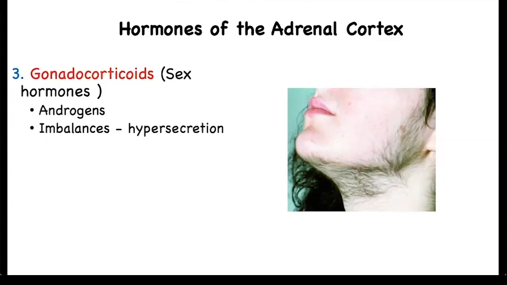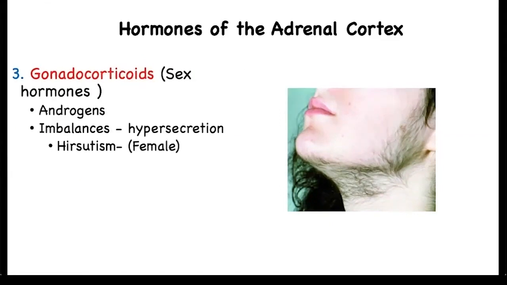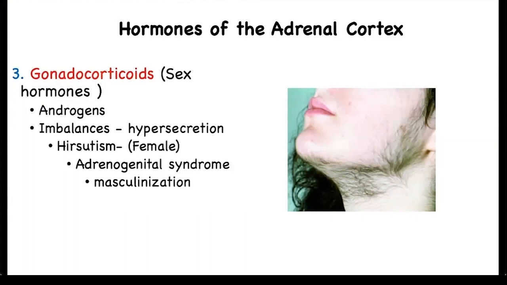Let's look at hypersecretion. In females, hypersecretion of androgens is called hirsutism or adrenogenital syndrome. This leads to masculinization. The breasts will decrease in size, the larynx will grow, the voice will deepen, facial hair will appear, and menstrual cycles may stop.